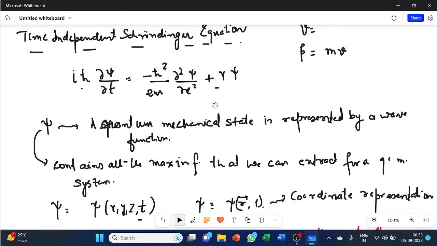So it is a function of x, y, z, and it is going to get evolved in space with respect to x, and with respect to time as well, probably. The point is this particular equation governs the evolution of the wave function in space.